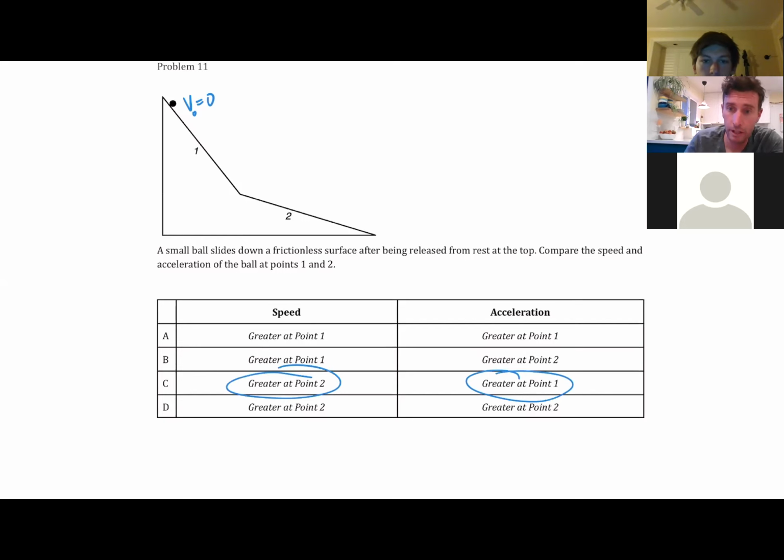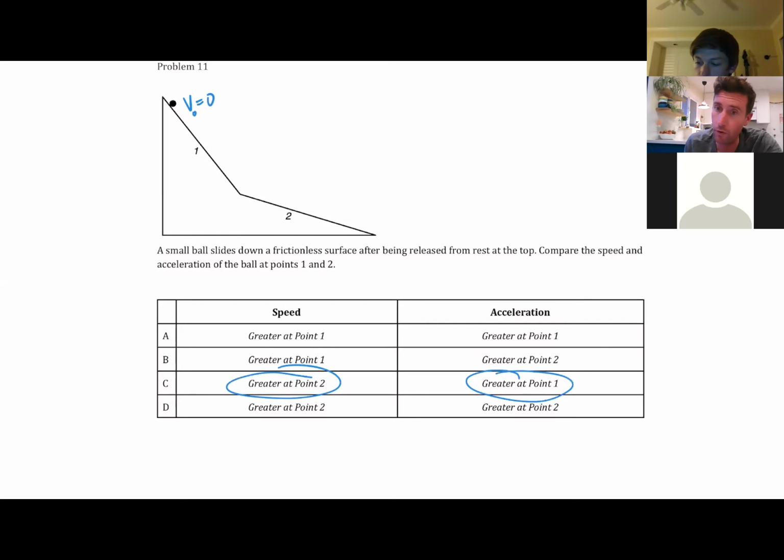Good, so at point 2, it's further down the ramp, so it's had longer to keep accelerating. You could also think of this as potential to kinetic energy. It's dropped further, it's had a greater change of height, so it should be going faster. So it's definitely faster at point 2.